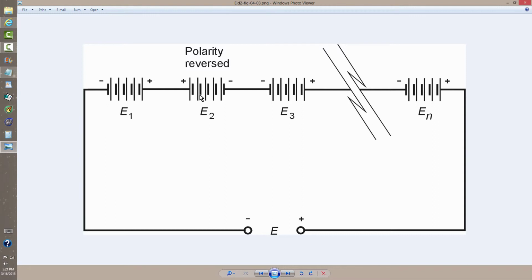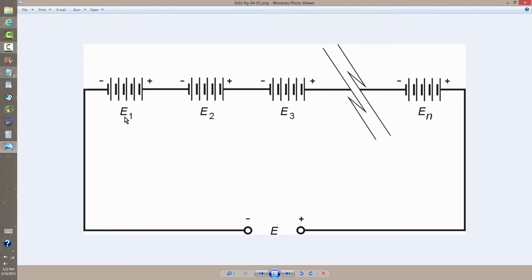You reduce the total voltage by twice the value of that cell, because instead of adding to the total voltage, it takes away. So you get a double whammo when you do that. So 3 volts here for E and 6 volts there.